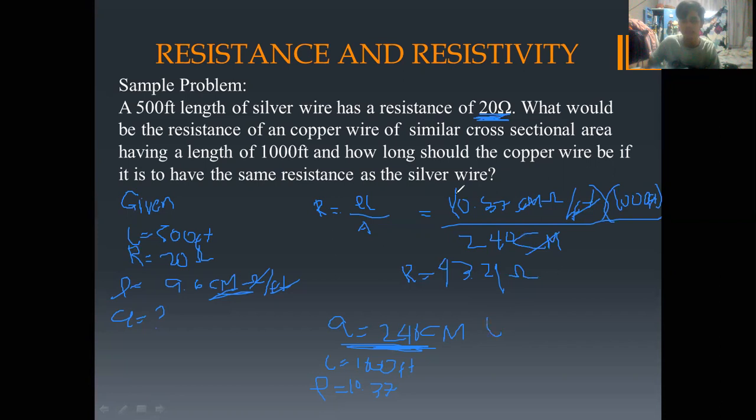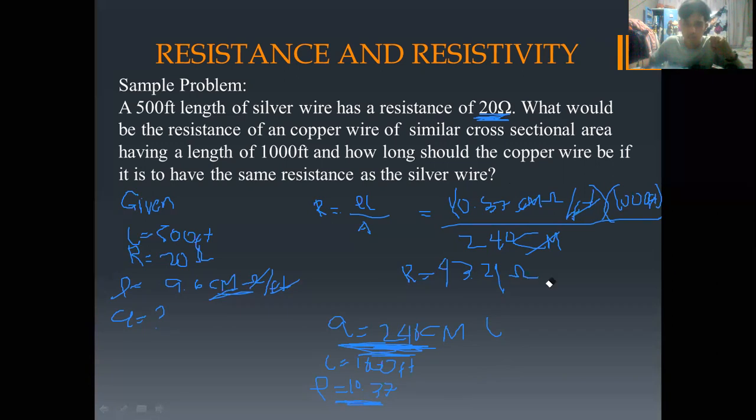Ang area na gagamitin natin dito is ito pa rin, yung nakuha natin sa una na 240 circular mils. Tapos, resistance na 20 ohms. Tapos, yung resistivity ng copper, which is 10.37 CM-ohms per foot.